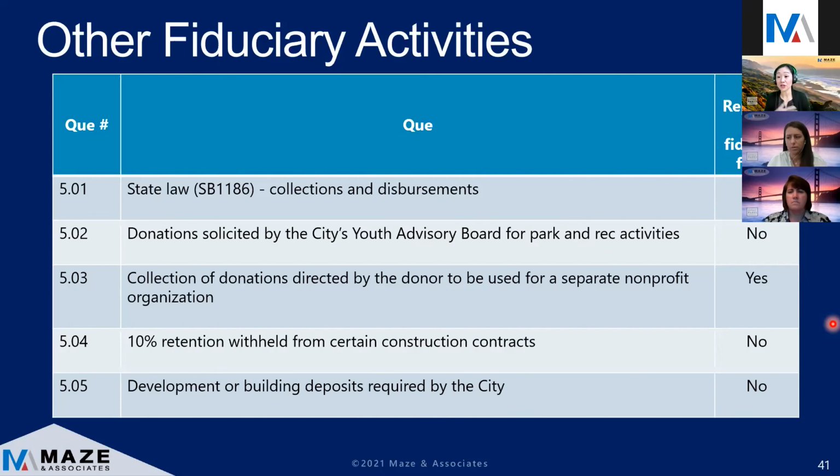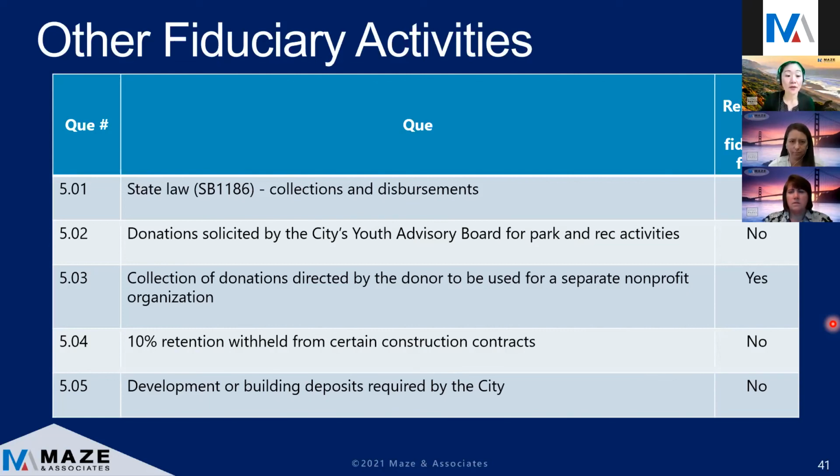It may be a general fund, or some of you may have an internal service fund set up. So that cannot be netted. Does that make sense? Yes.